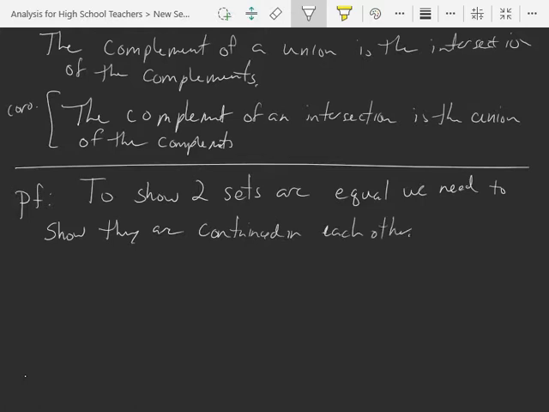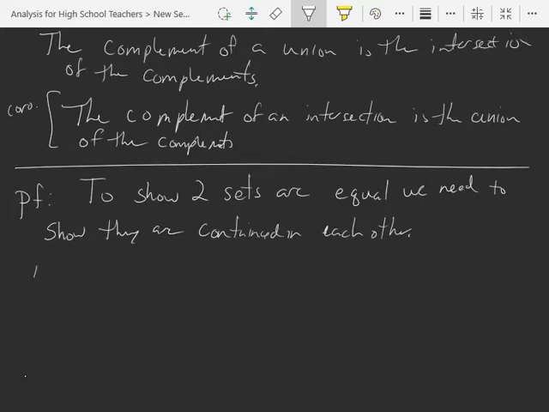Okay, so if you show that two things contain each other, well, they sort of have to be equal. If everything in the left-hand side is inside the right-hand side, that means the left-hand side is smaller than the right-hand side or equal to it. And if the right-hand side is contained in the left-hand side, the right-hand side is smaller than or equal to it. So you must have equality.